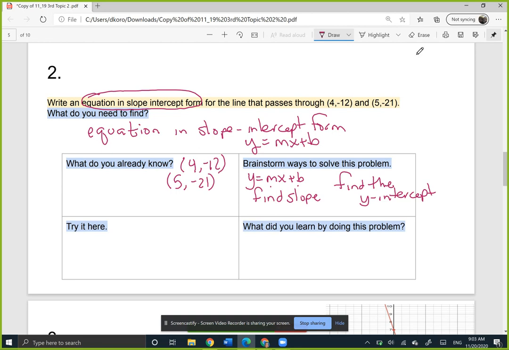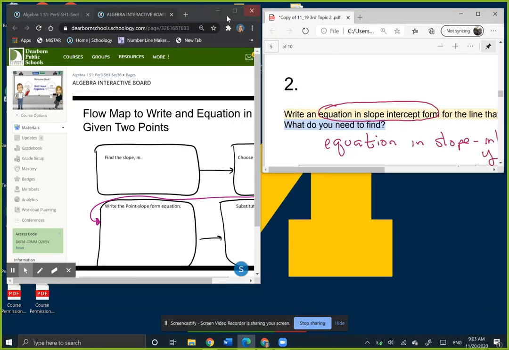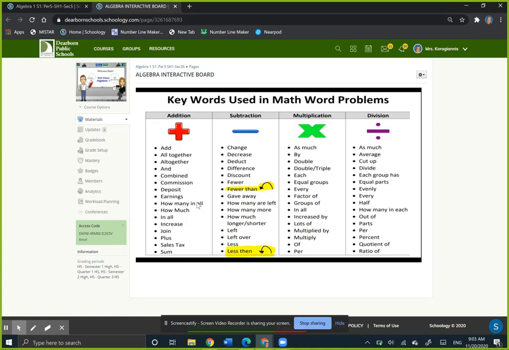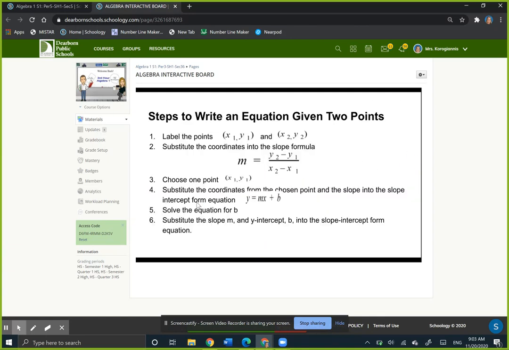All right, so let's look at this. And let me see if I had the steps on here. Let me see which slide they were on. So this is the one here. So steps to write an equation given 2 points. So label the points.